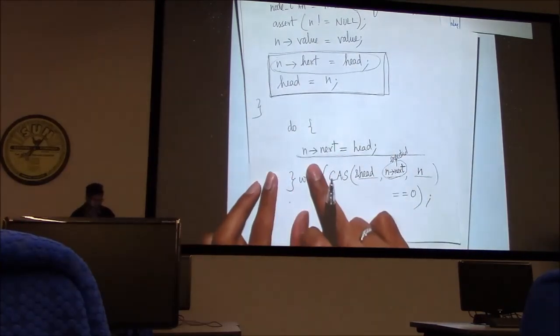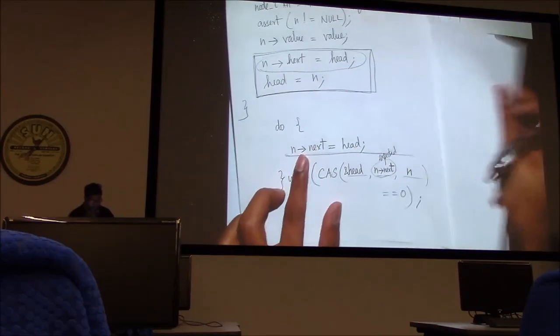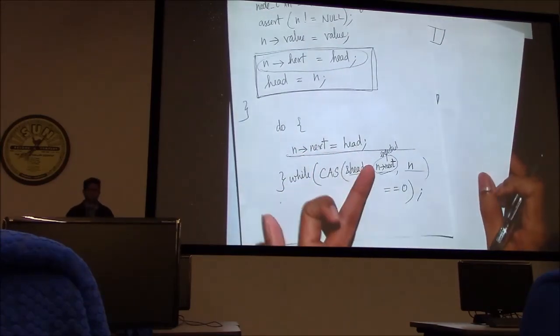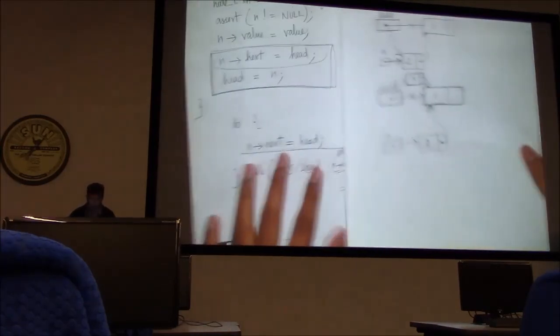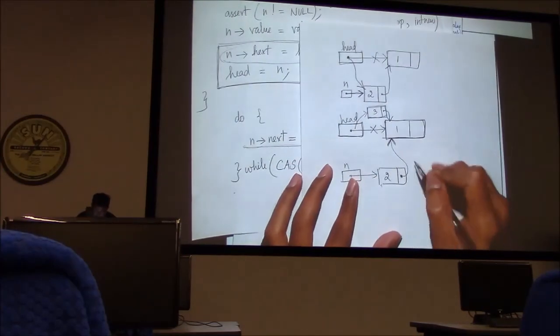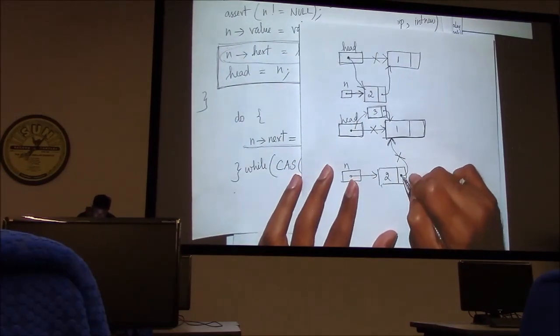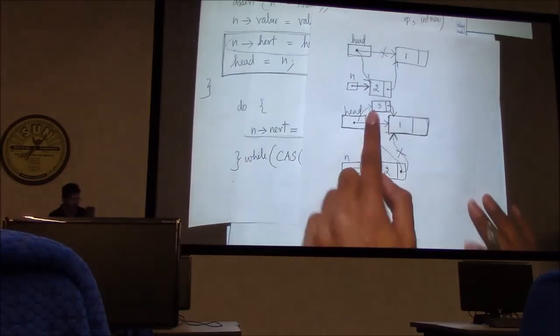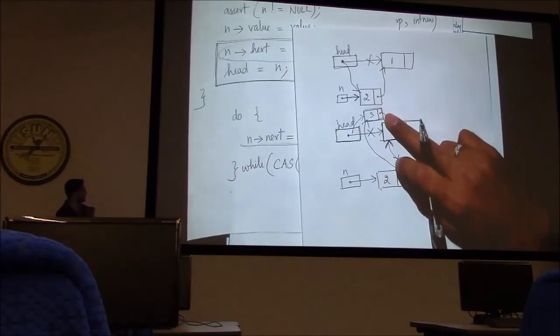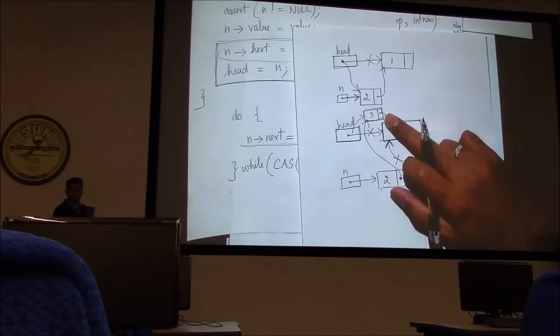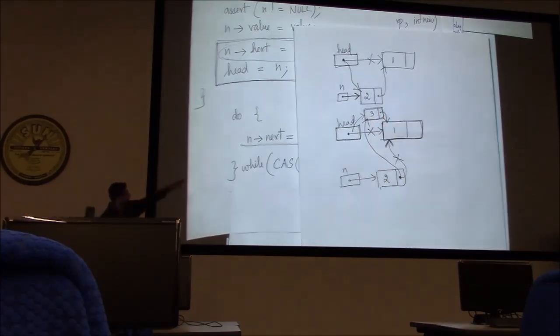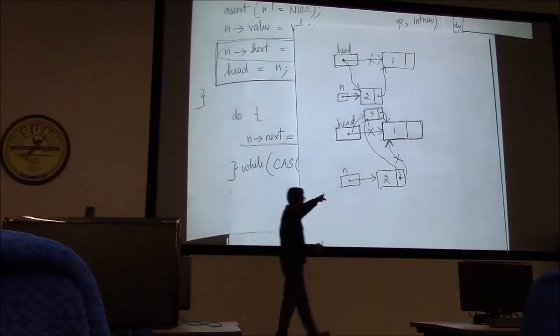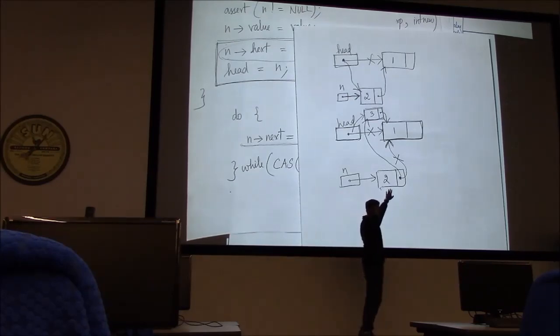When you're doing this whole thing again, we're just going to say n dot next is equal to the new head, or whatever head is there currently. So now n dot next is not going to point here, but instead it's going to point to node 3. And at this time, assuming no other node came in the middle and inserted a new element, we can be sure that we just changed the next pointer of our node, the second time, pointing to the current head.